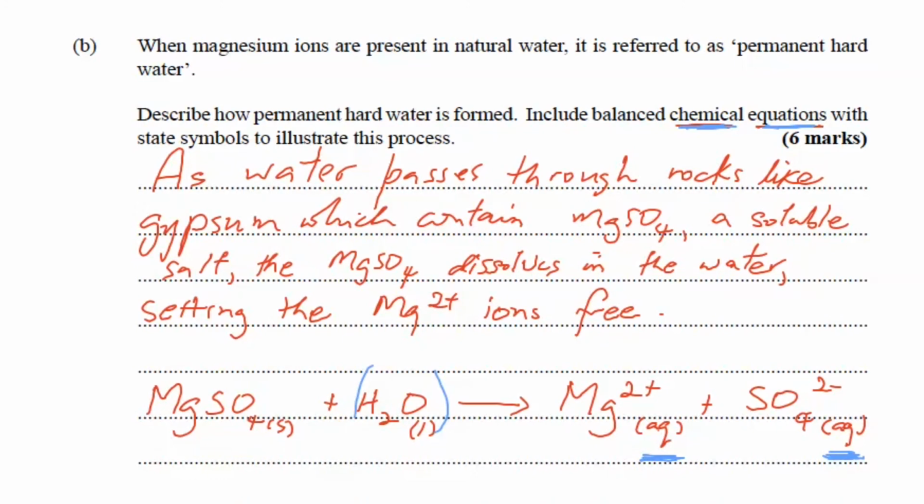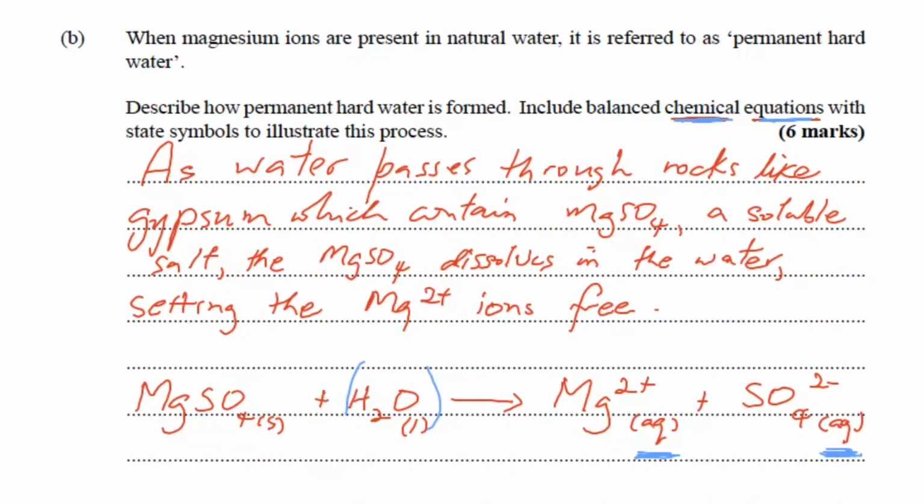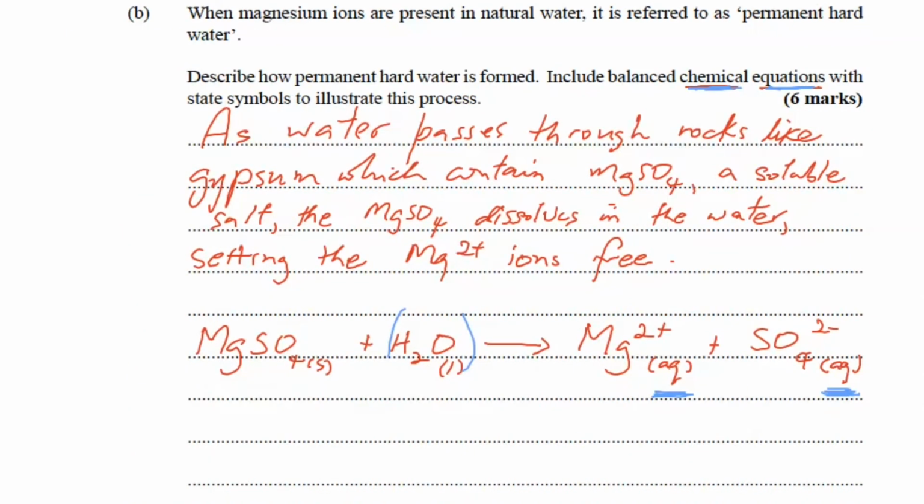So it can be a little confusing. For the formation of temporary hardness, it's still aqueous magnesium, but we're looking at calcium, Ca2+ and Mg2+ combined with hydrogen carbonate. Despite the fact that they said include balanced chemical equations, this is the only equation that could be used.